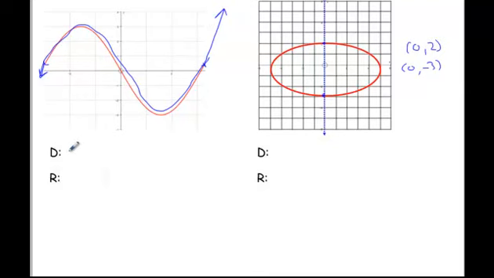That means for both of these, the answer is all real numbers. I have a shorthand way for writing that. It is an R with an extra stick at the end. So both of these are all real numbers.